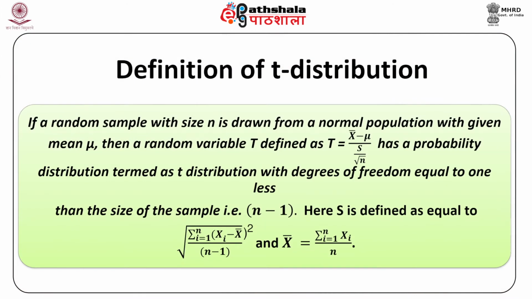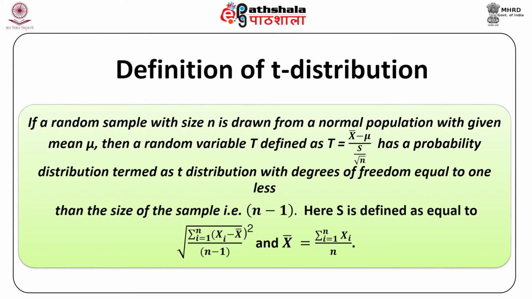If a random sample of size n is drawn from a normal population with given mean mu, then a random variable t is defined as t equal to x bar minus mu upon s upon root n. And this has a probability distribution termed the t-distribution with degrees of freedom equal to 1 less than the size of the sample, that means n minus 1 in our current case.